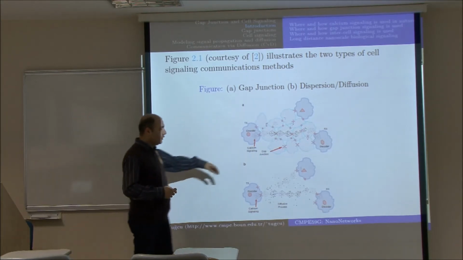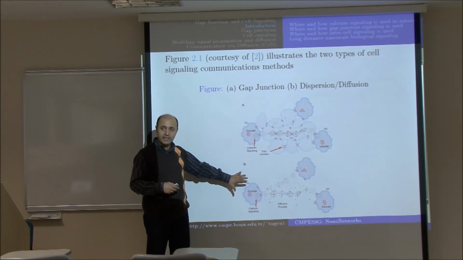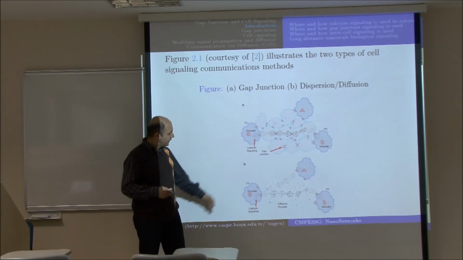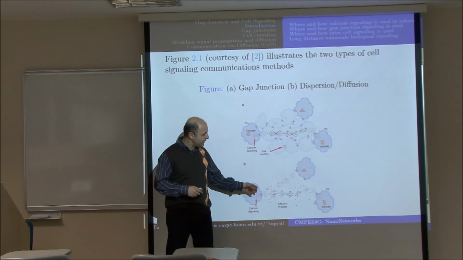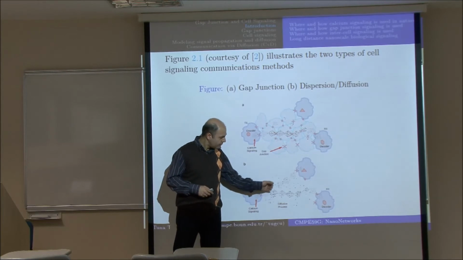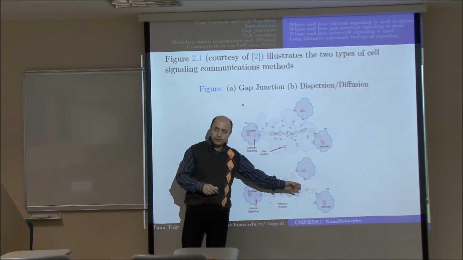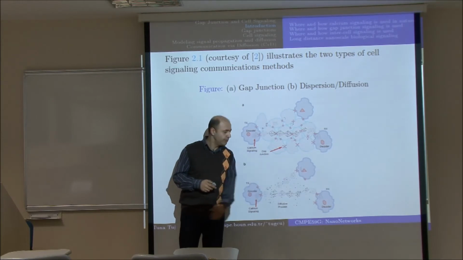As opposed to an alternative approach, which, as I said, we will be discussing by the end of the chapter, is through diffusion. In that case, you release the molecules from here, and they will propagate to the destination with Brownian motion, and they will be received there.